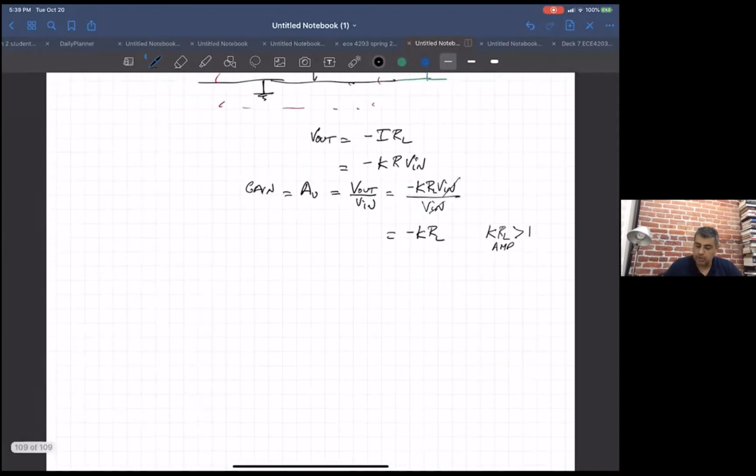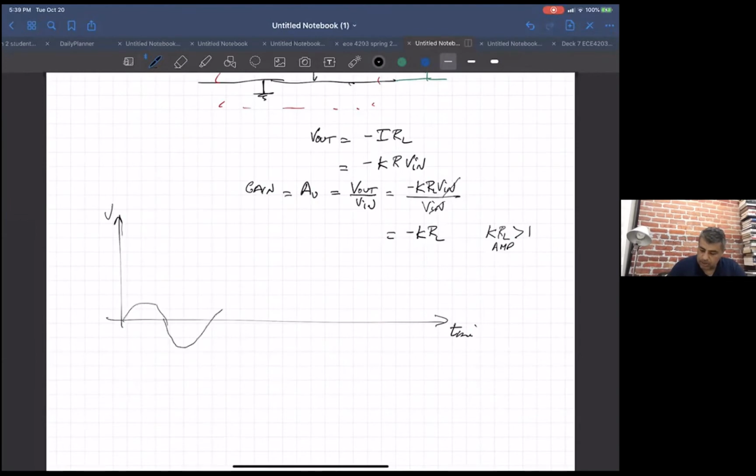So basically, if you get something like, bad drawing, in time, volts, if this is your input, say some kind of a sine wave, your output will be an inverted version of this, but it'll be a gained up version.